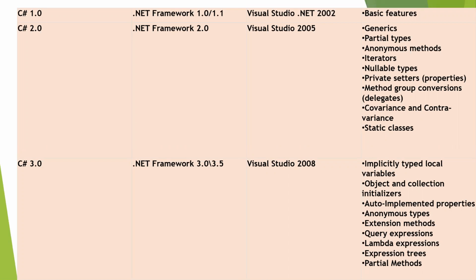During this time, Java was the most common language, and its popularity was rising. So they made the decision to create a new language in Microsoft .NET, to compete with Java. That's the reason Microsoft came up with C Sharp, which is one of the newer languages in the market.